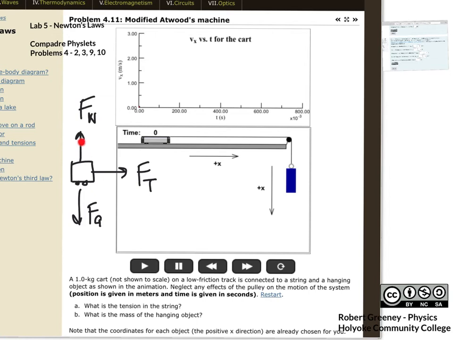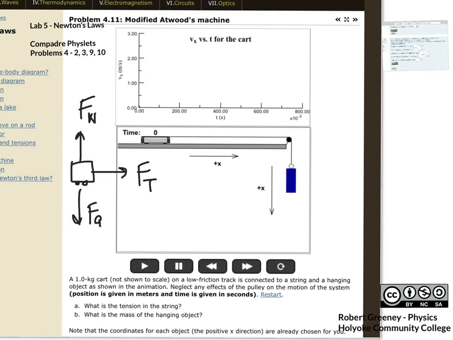There it is, and even though we don't need the normal force, Fn, or the gravity force, Fg, mg, because we're not concerned about what happens along the y-axis, only along x. But the correct free body diagram has 3 forces. They're not balanced. The cart is going to accelerate.